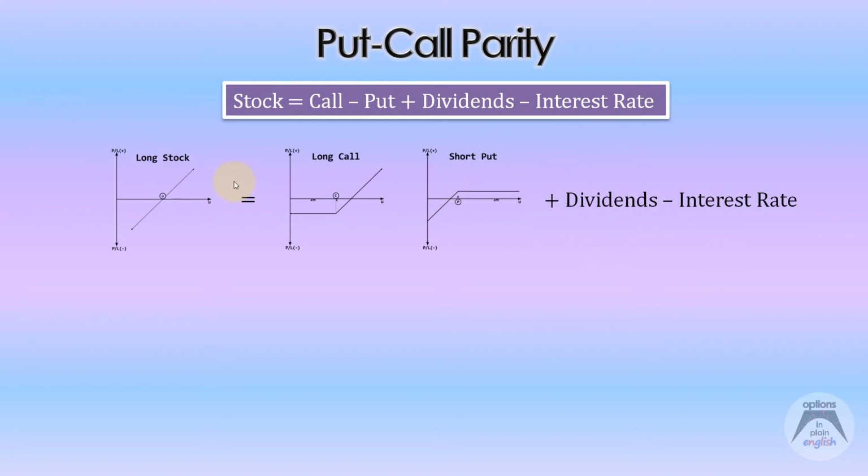And also, when you buy stock, you need to put aside a lot of money, because usually when you buy stock, you either pay it in full or you pay 50% of it if you're on margin. So this is definitely going to be more than what you get margin when you buy a call and short a put.